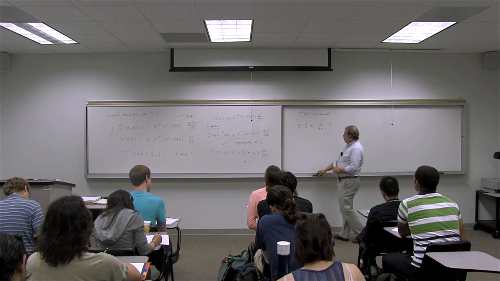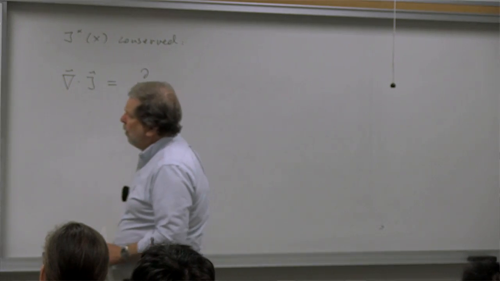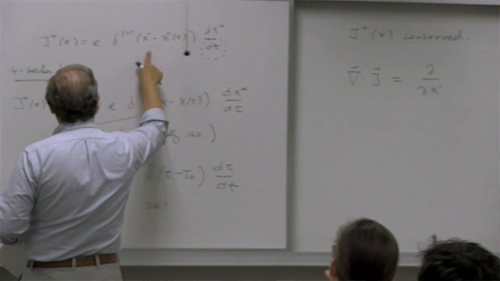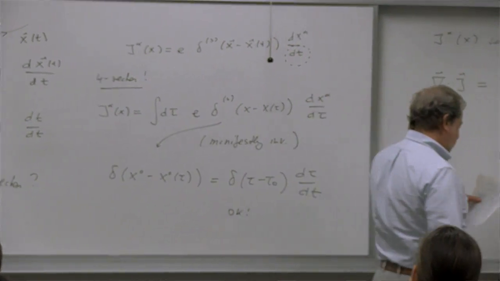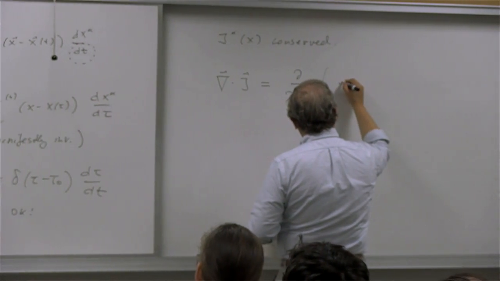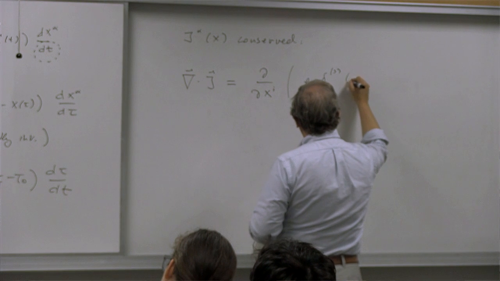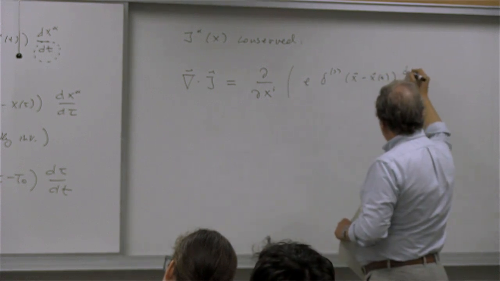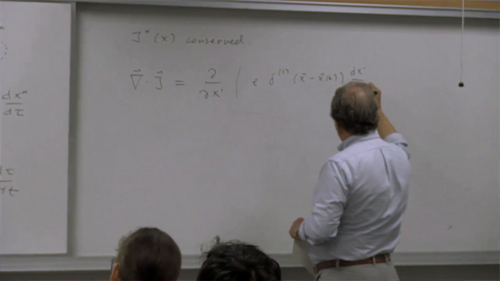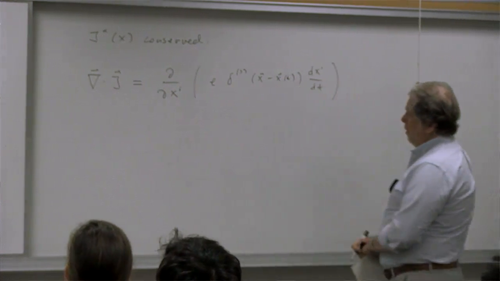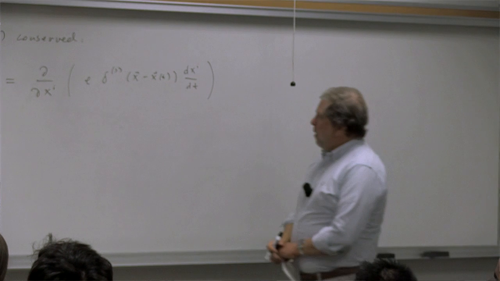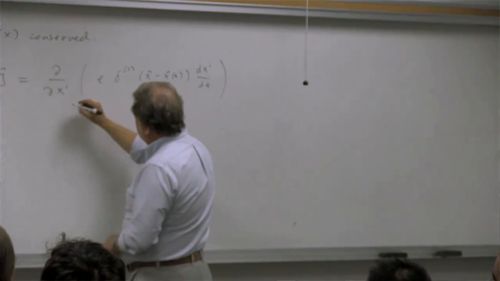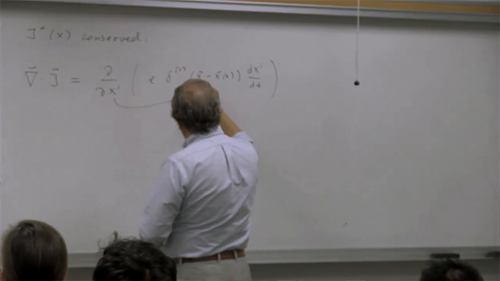So we just write in what the Ji is, because I have it right here on top. So this is equal to e times delta 3 of x minus x of t times dxi by dt. Now the d by dxi acts on this x here.